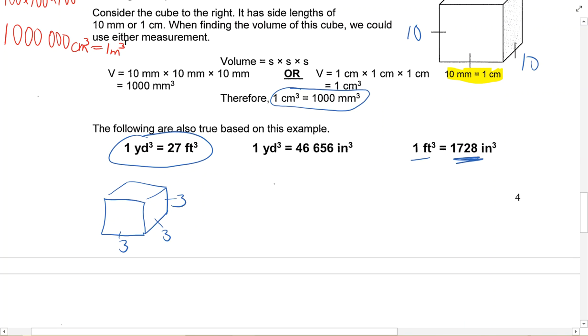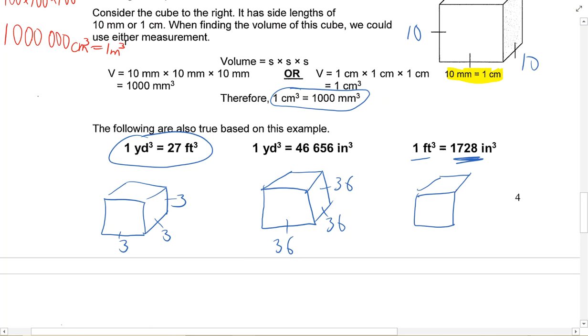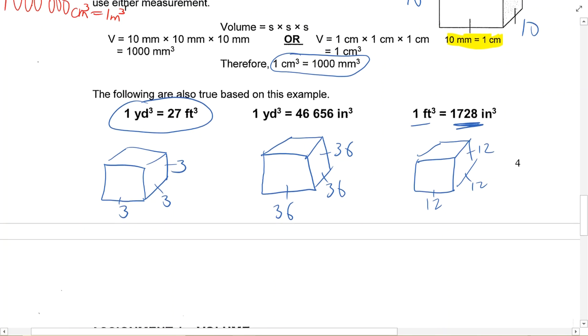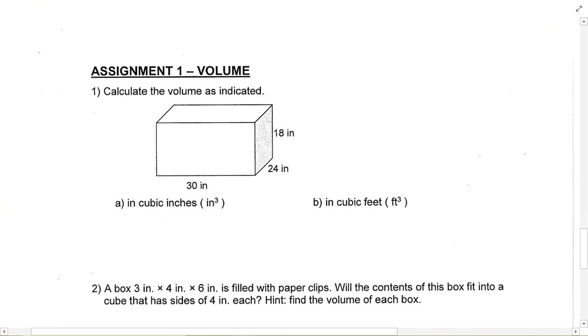So it's different. And 1 yard cubed is going to be a heck of a lot more because each yard is 36 inches, so it's going to be 36 by 36 by 36. Same thing with feet and inches cubed, because in 1 foot cubed, what do you got? You got 12 inches by 12 inches by 12 inches. Moral of the story is be careful when you're converting cubic dimensions.